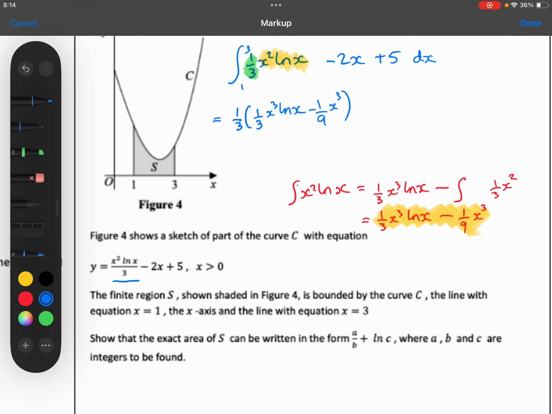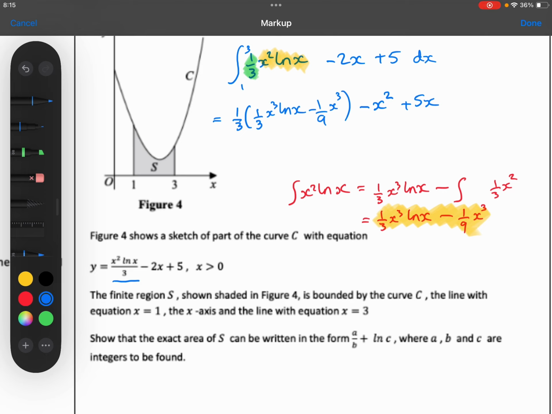I could have included the 1/3 in my calculations down here, but I didn't. I just kept it nice and simple when I was doing the integration by parts, and I'm just going to multiply my answer by 1/3. The 2x will integrate easily to be the x squared, and the 5 will integrate easily to be 5x.